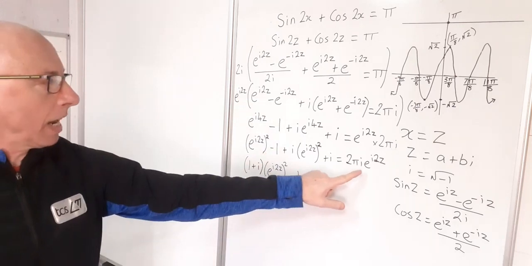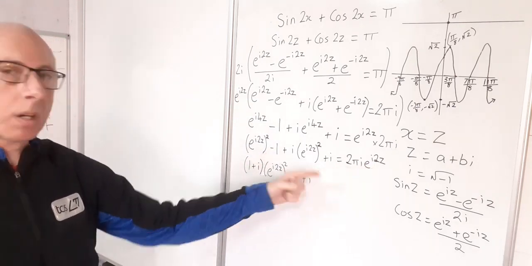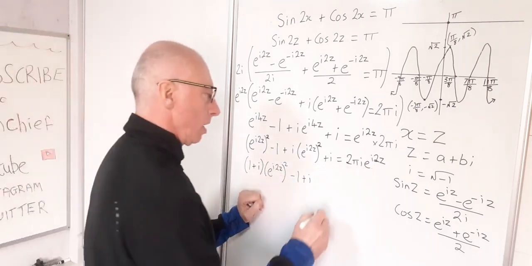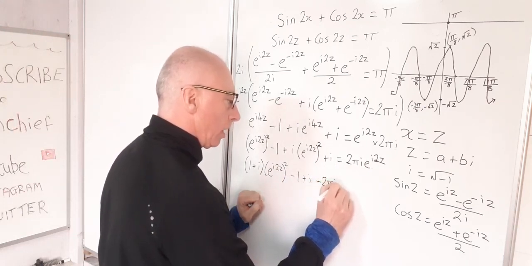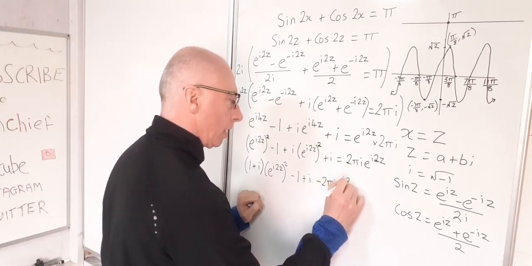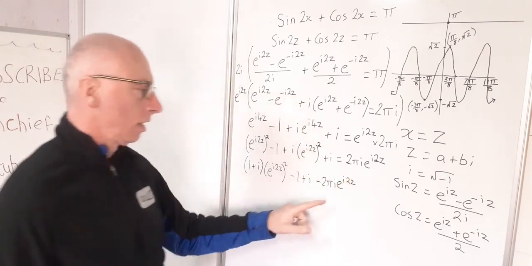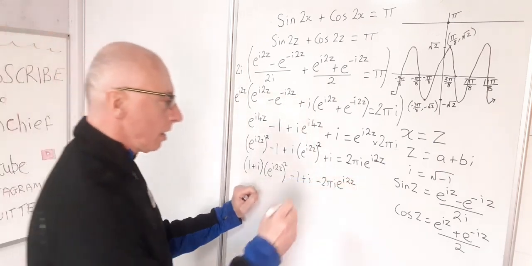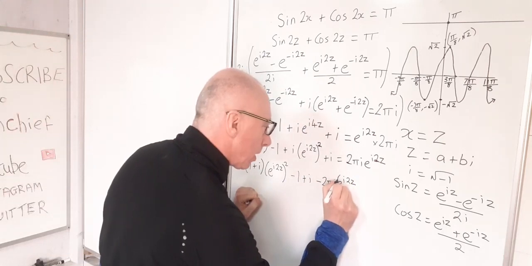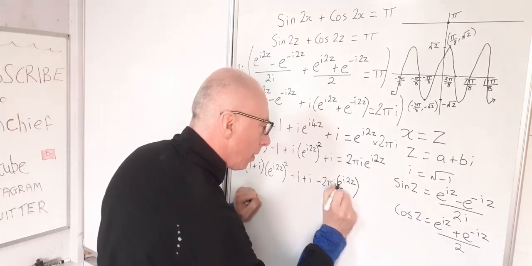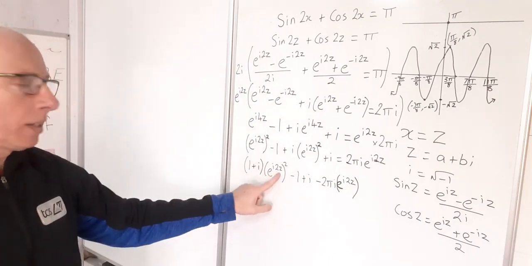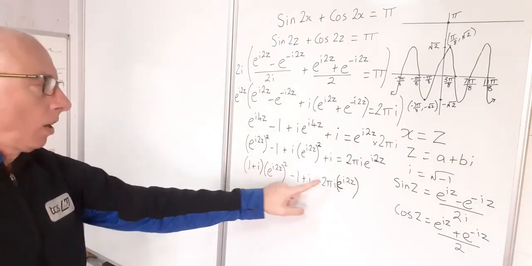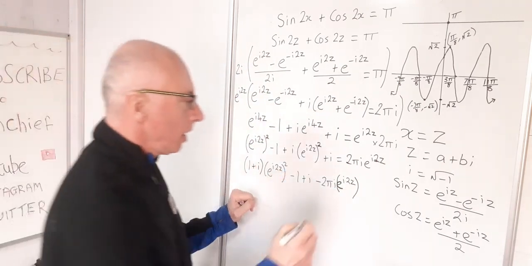And then what I can do is now I've got another e to the i 2z which I can bring over this side. So I've now got minus 2 pi i e to the i 2z. So that's the same as what that is. So I'm just going to put that in a bracket like that one. So then I've got e to the i 2z, this side, this one squared, and set it equal to 0.